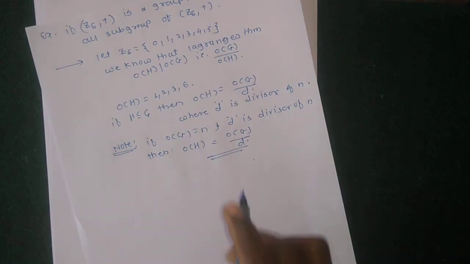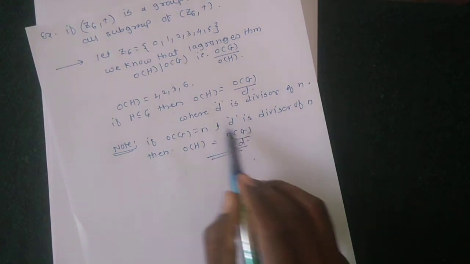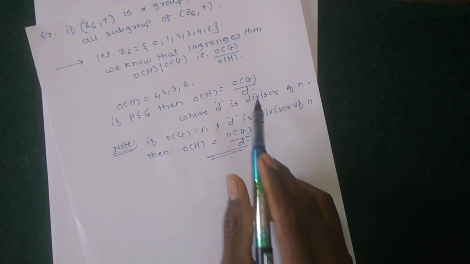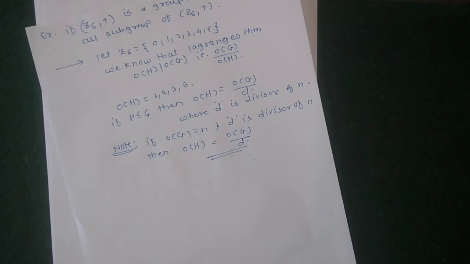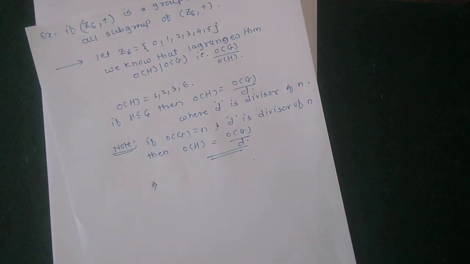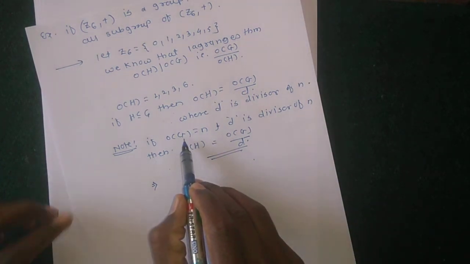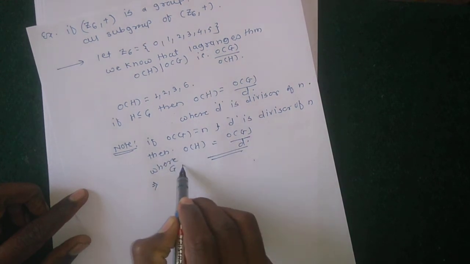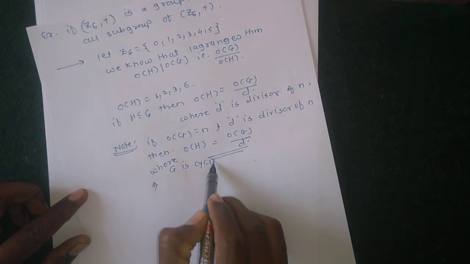Here note that if the order of G equals n and d is a divisor of n, then if H is a subgroup of G, the order of H equals the order of G divided by d. So using this note, d is a divisor of n, and G is also given to be cyclic.